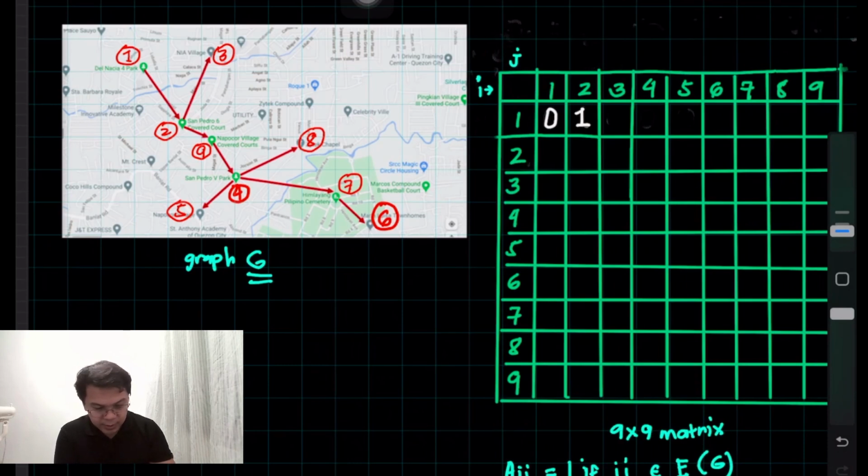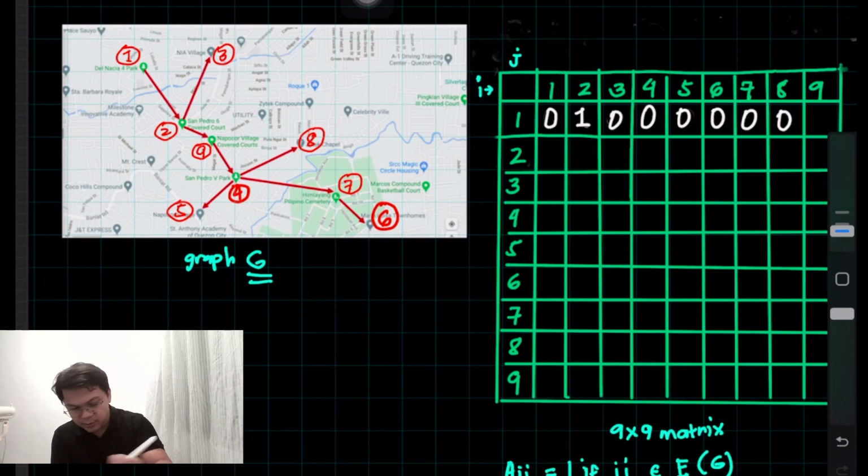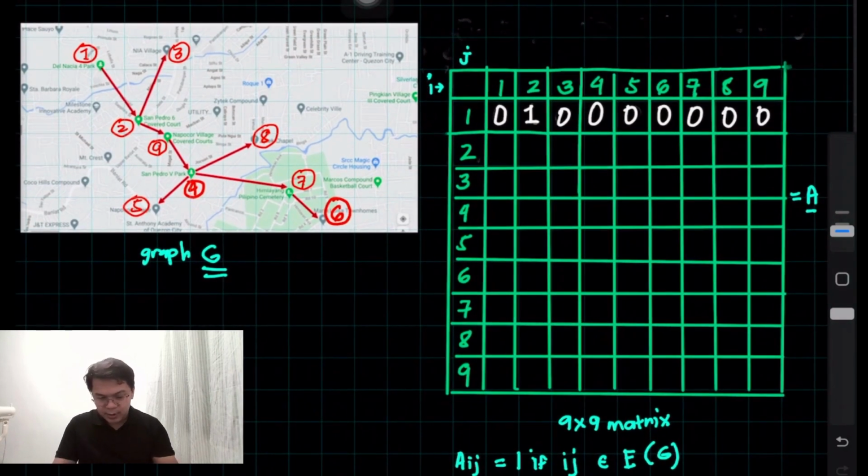And then 1 and 3, that is a 0. 1 and 4, that's also a 0. 1 and 5 is a 0. 1 and 6 is a 0. 1 and 7 is a 0. 1 and 8 is a 0. 1 and 9 is also a 0. I think you're just going to get the hang of doing this as you go along.